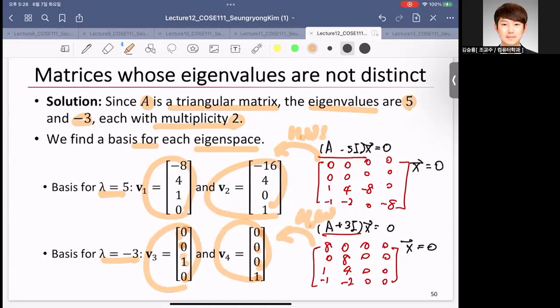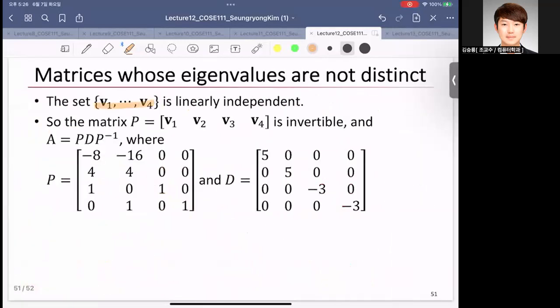So first of all, we have V1, V2, V3, and V4, and they are linearly independent. So matrix P is invertible, because V1, V2, V3, and V4 are linearly independent.